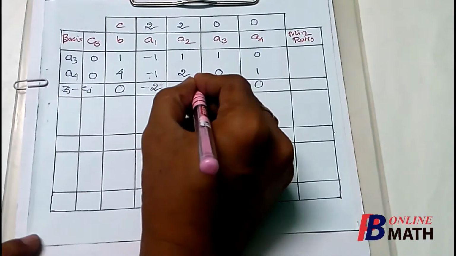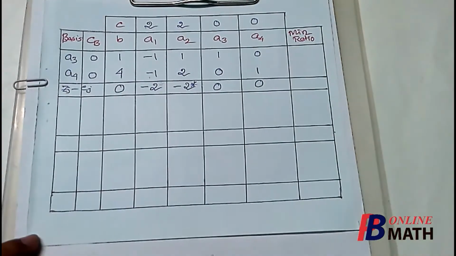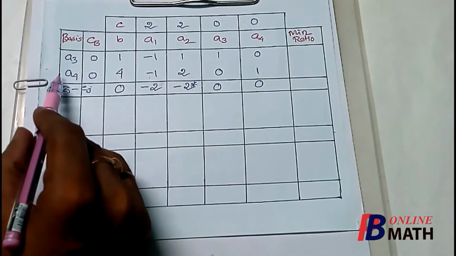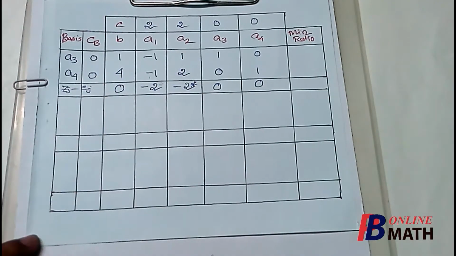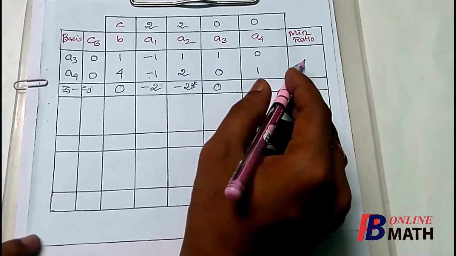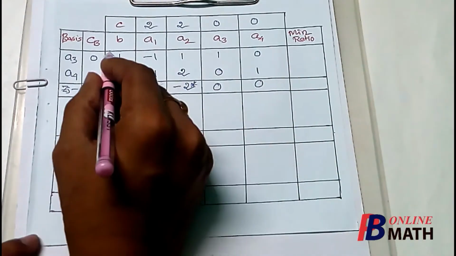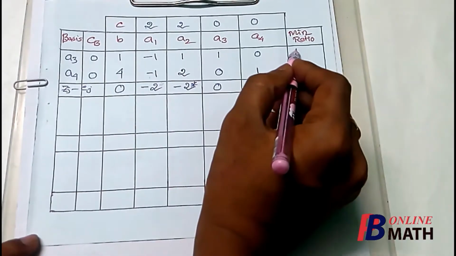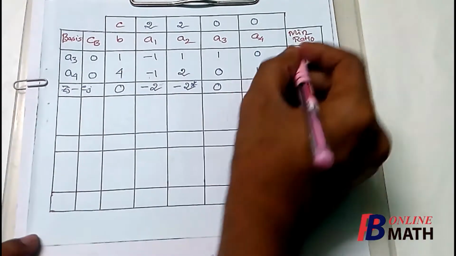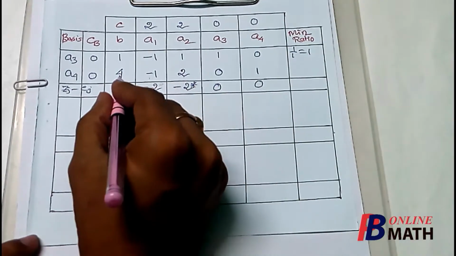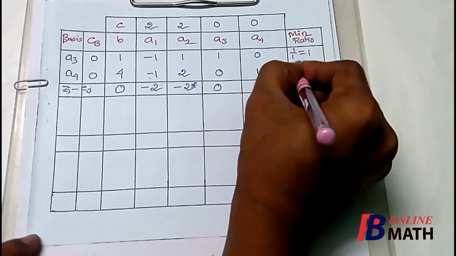If we select this value as the minimum value, then this vector a2 will enter the basis, and we have to find the vector which will leave the basis. For that we shall find the ratio. The first ratio will be the b vector by the coefficient vector. So for this column the first ratio will be 1 by 1, which is 1, and the second ratio is 4 by 2, which is 2.